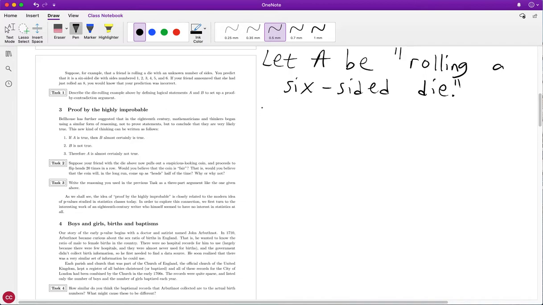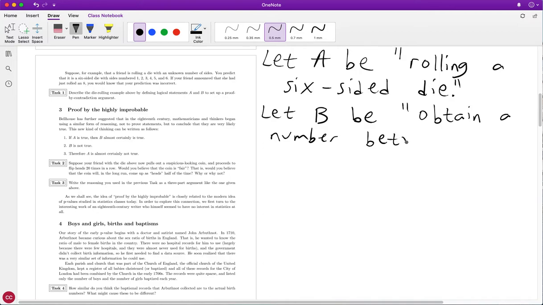In a similar fashion, we're going to let the logical argument B be: obtain a number between 1 and 6, inclusive.